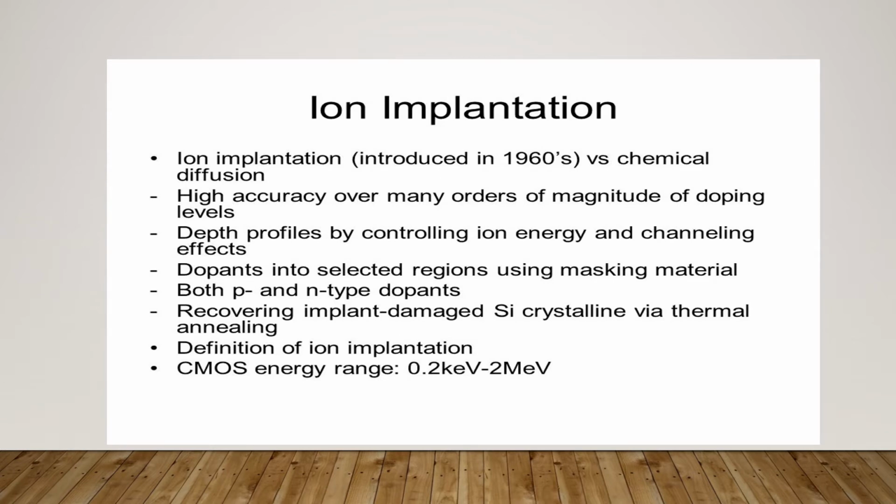Basically, ion implantation was introduced in 1960, as compared to the conventional chemical diffusion route that was used to dope the semiconductor material. In ion implantation, there is high accuracy over many orders of magnitude of doping levels. You can control the depth profile by controlling the ion energy and the channeling effect.